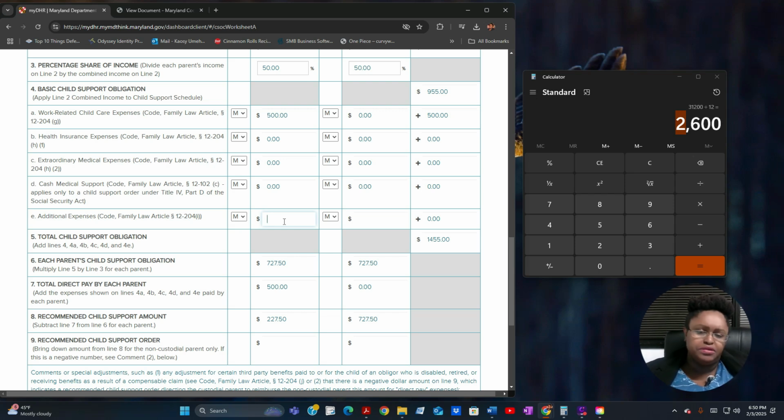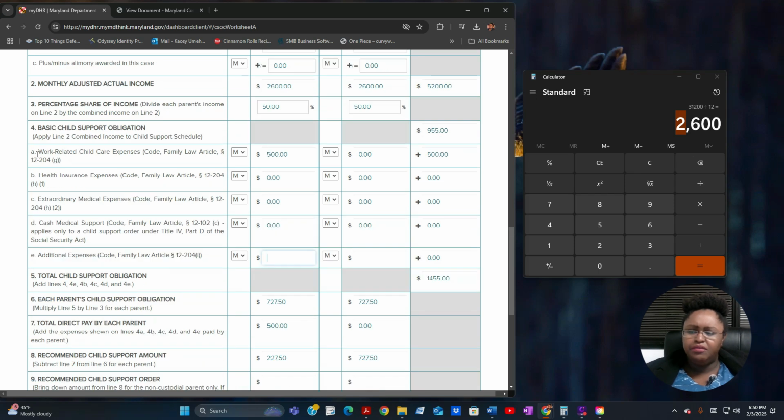Some kids go to private school, so if you have an amount for the tuition, you put that amount in here. And if you have an amount for the transportation, let's say you have to Uber once a week to send your kids to either the extracurricular activity or to their school every morning, you put that amount in here.